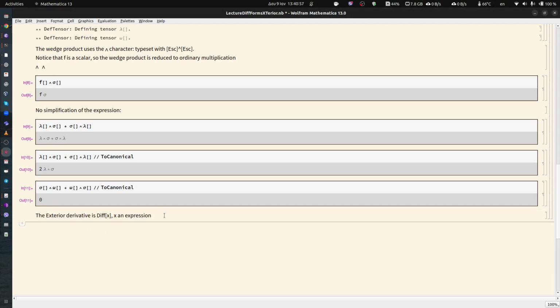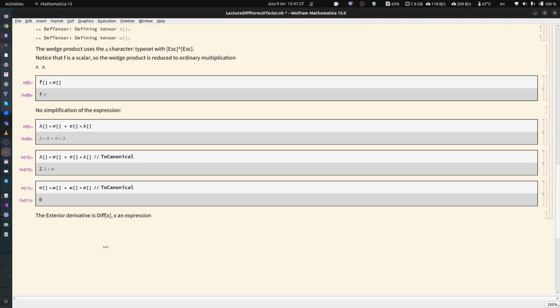The most interesting operation on differential forms is taking their exterior derivative, and the symbol for this operation in xAct is Dif, with the F capitalized. So when X is an expression containing differential forms and we apply Dif on it, then it is exterior differentiated.